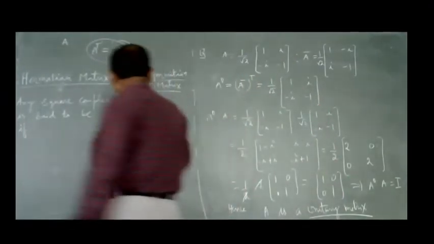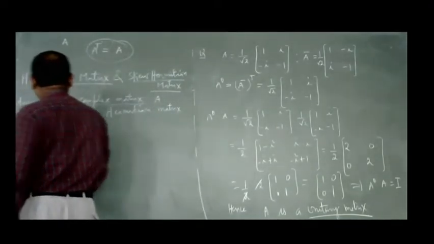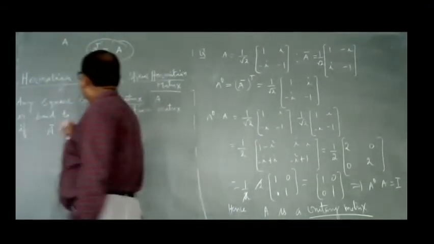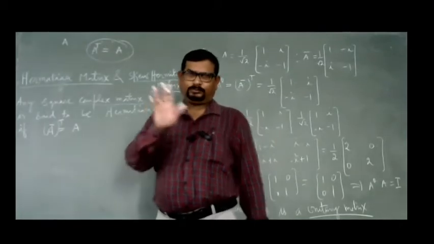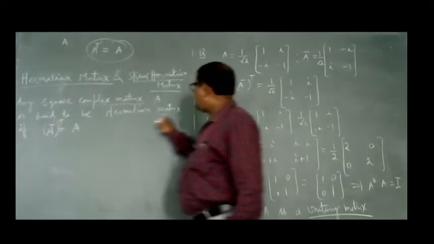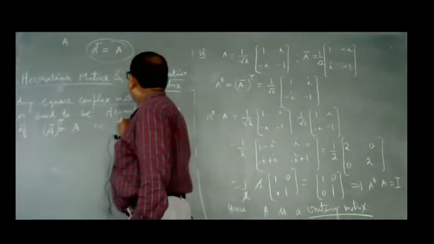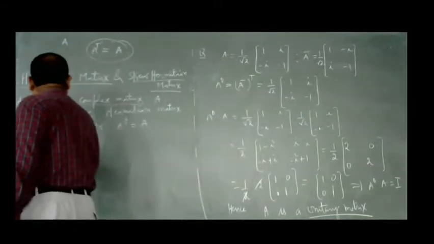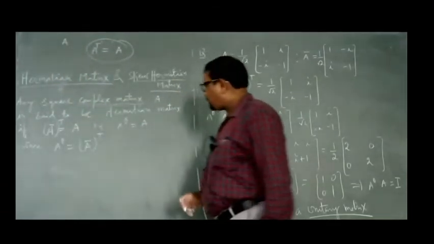It is said to be Hermitian matrix if the conjugate transpose of A is equal to A. That is, A to the power theta is equal to A, where A to the power theta is the conjugate of A matrix and its transpose.